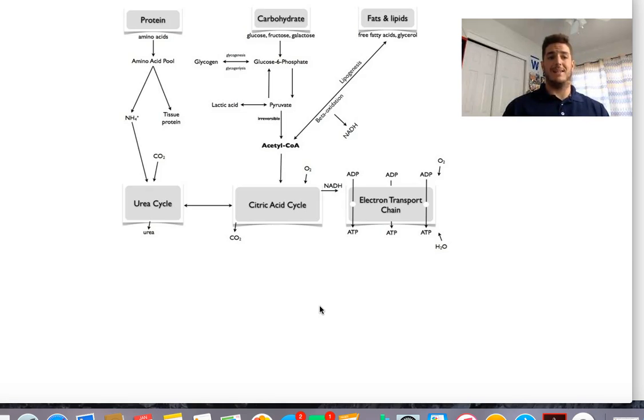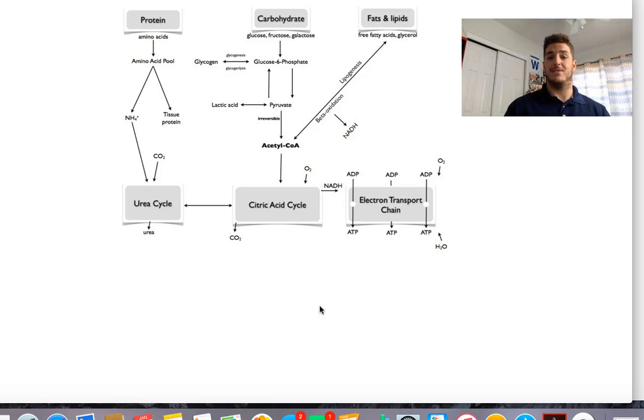So fat oxidation, let's break down the steps. Fats can be used in the oxidative energy system. Triglycerides stored in the fat cells can be broken down by the enzyme hormone-sensitive lipase. This releases free fatty acids from the fat cells into the blood, where they can circulate and enter the muscle fibers. Additionally, limited quantities of triglycerides are stored within the muscle, along with a form of hormone-sensitive lipase to produce an intramuscular source of free fatty acids.